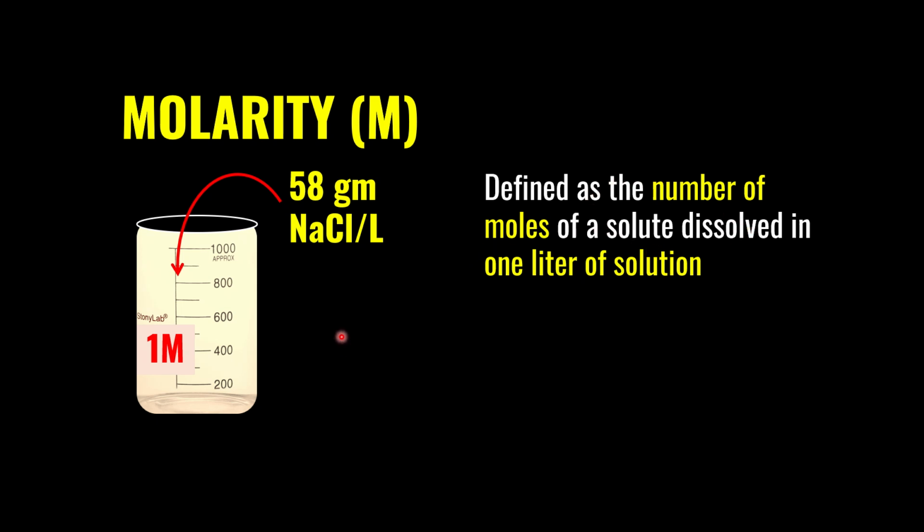So basically, if you dissolve 1 molar mass of sodium chloride, which is equal to 58 gram of sodium chloride, in 1 liter solution, that will be 1 molar. If you dissolve 180 gram of glucose, which is the molar mass of glucose, per liter solution, that will give you 1 molar solution. So this is about 1 mole.